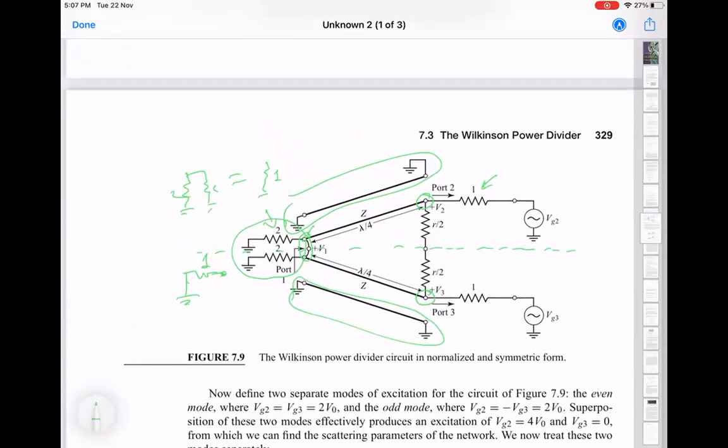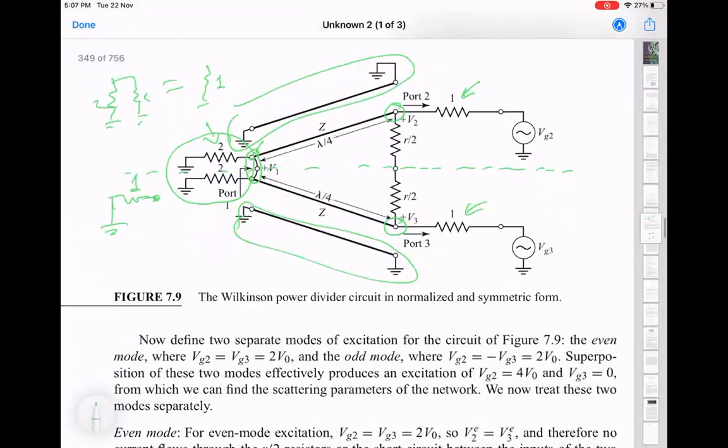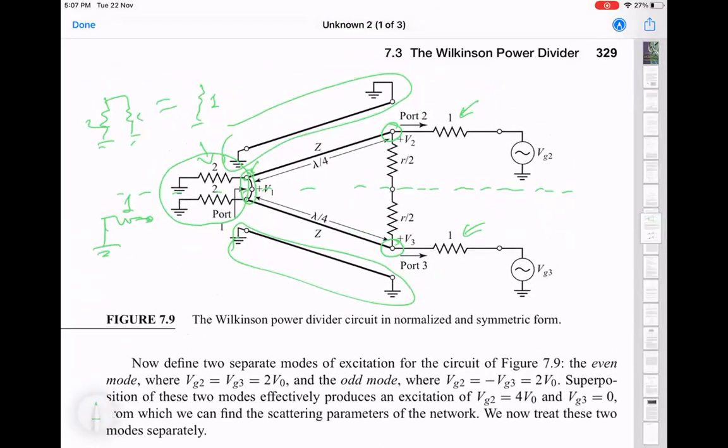But these resistors are 50 ohm because you need all the input and the output ports to be connected with matched terminations or matched sources, right? So do you guys now see the symmetry, that this, looking at it, looks perfectly like a mirror image with respect to that particular plane.